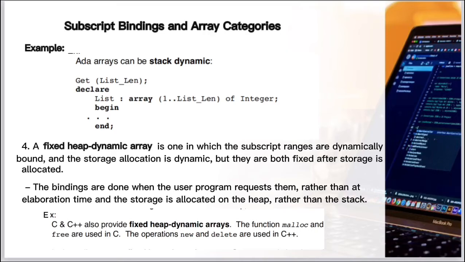Example: C and C++ also provide fixed heap dynamic arrays. The functions malloc and free are used in C. The operations new and delete are used in C++. In Java, all arrays are fixed heap dynamic arrays. Once created, they keep the same subscript ranges and storage.